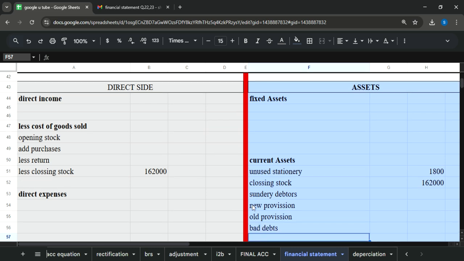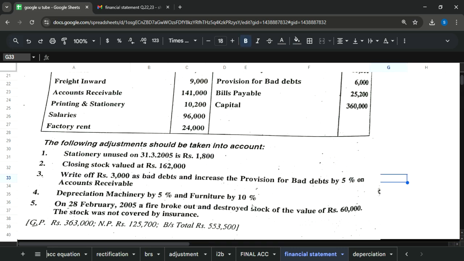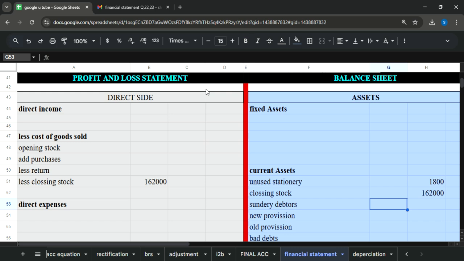So what you will do is, the new reserve and old reserve would be added and bad debts would be subtracted. The final answer would be subtracted from the debtors. So here we are going to start our adjustment. Write off 3000, increase provision by 5%. First we will see this provision is on accounts receivable. Accounts receivable are present over here, 141,000. Just mention 141,000.